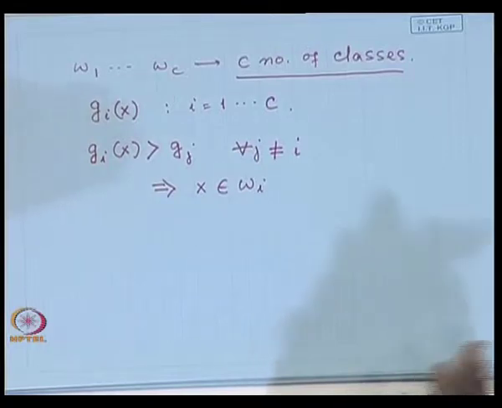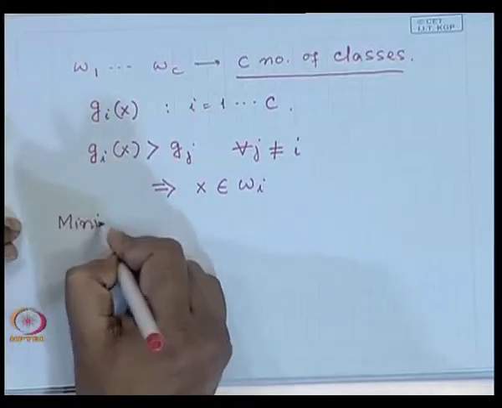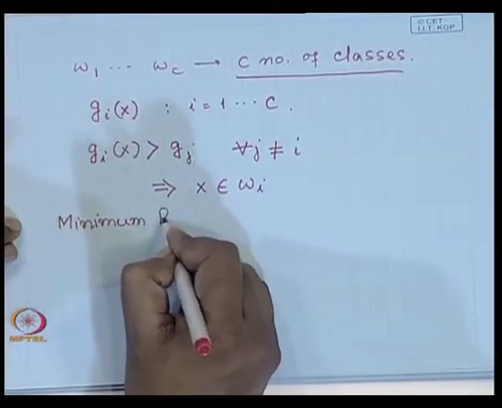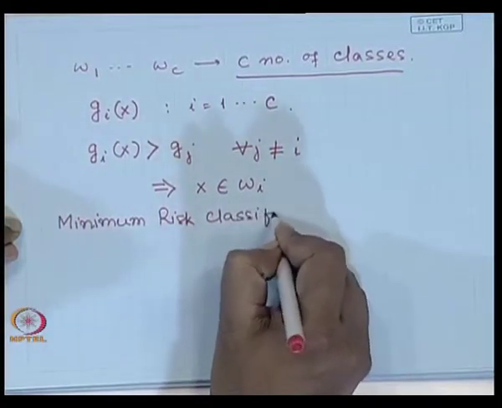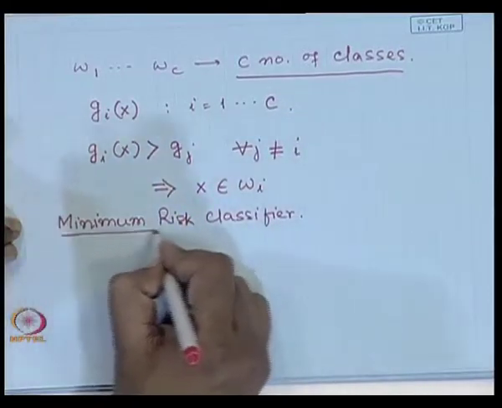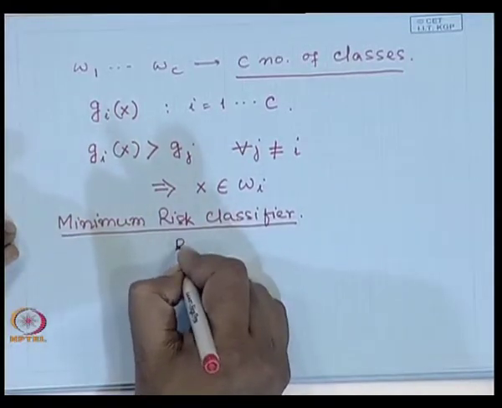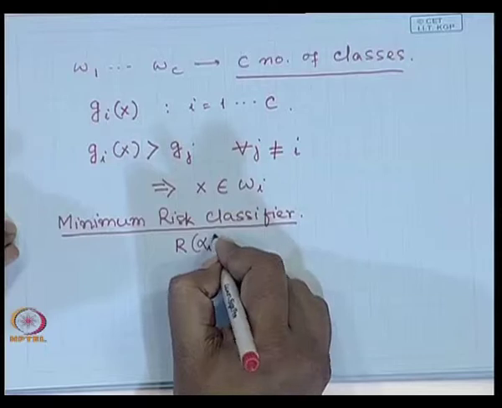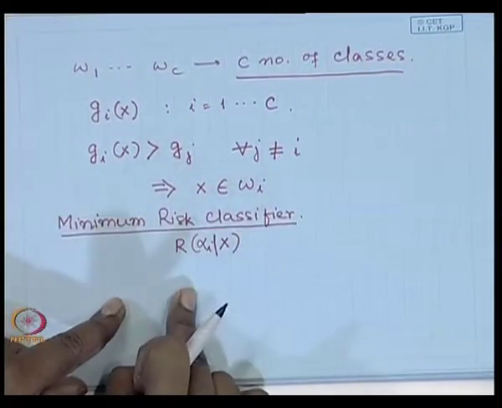So, what will be the nature of this discriminant function under different conditions? If I go for the minimum risk classifier, my risk is given by R of alpha i given x for taking an action alpha i, and the risk has to be minimum to take an action alpha i.